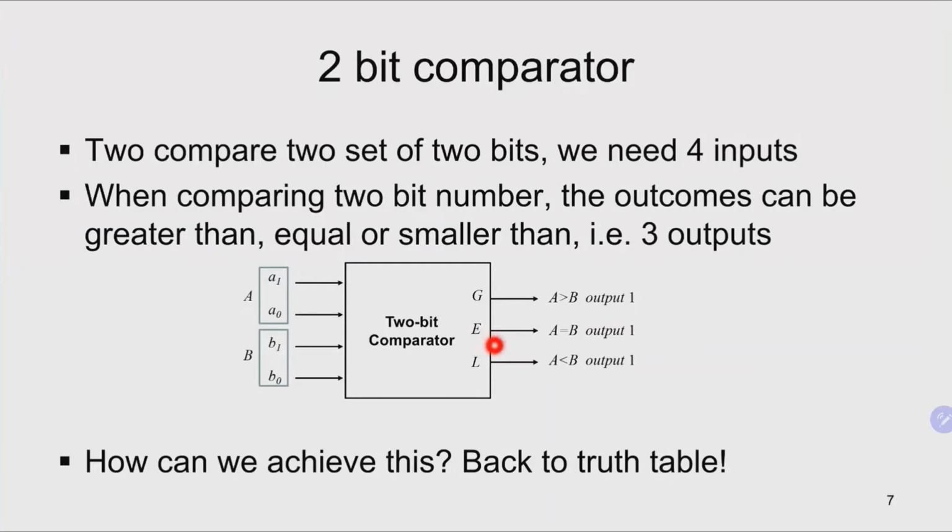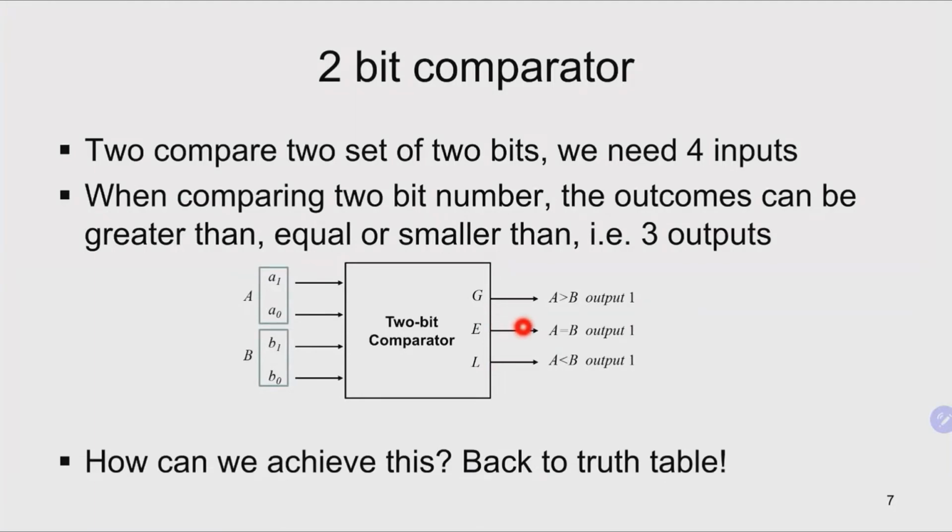And then if A is equal to B, then our output E will go high. The rest stay at 0. And then if A is less than B, then this output L goes high. And then the rest remain at 0.